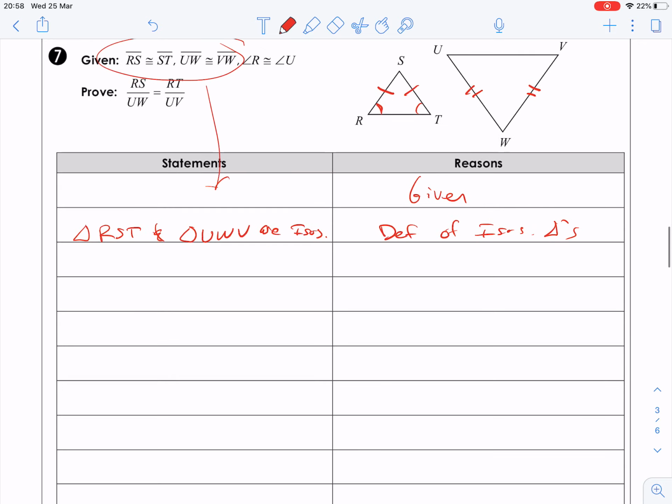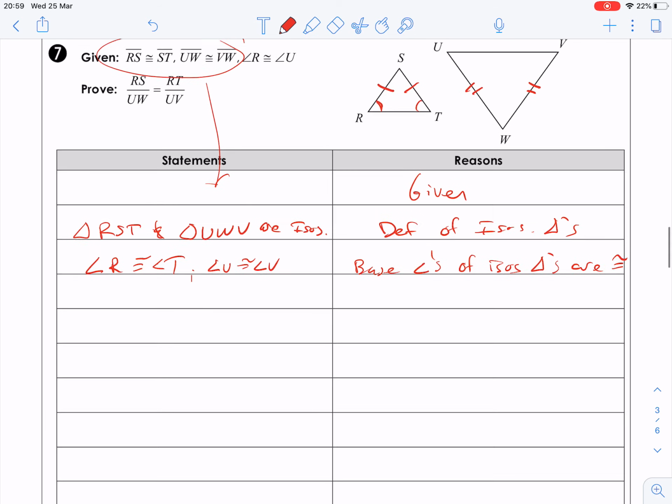Okay, which means, and we don't even actually have to write this, angle R is congruent to angle T, and angle U is congruent to angle V, since base angles of isosceles triangles are congruent.